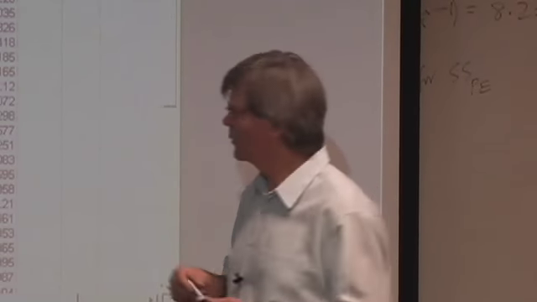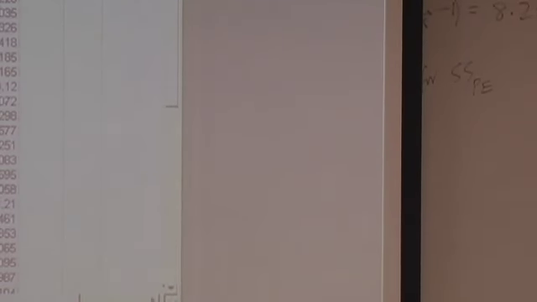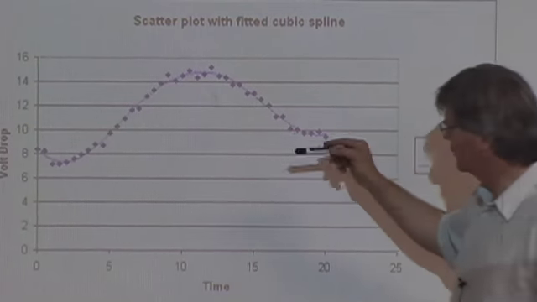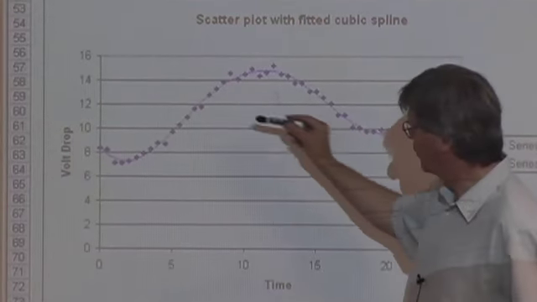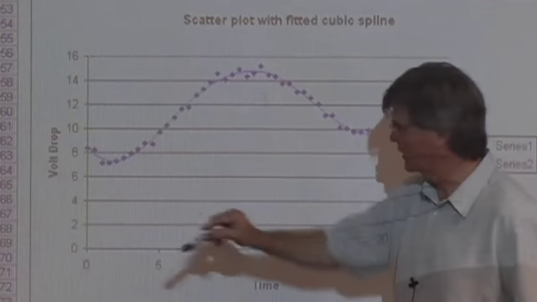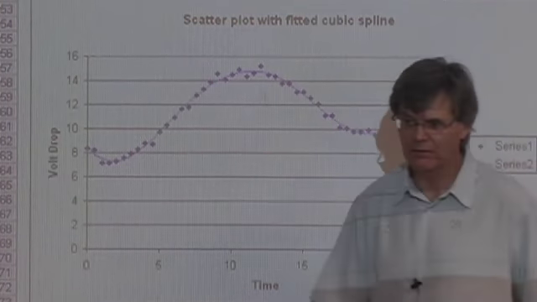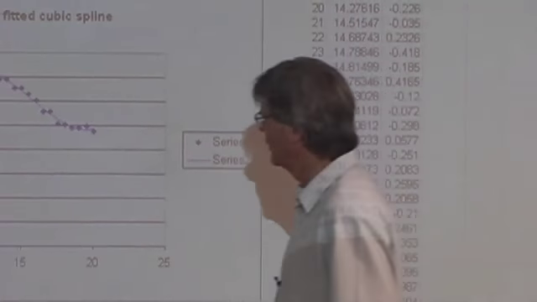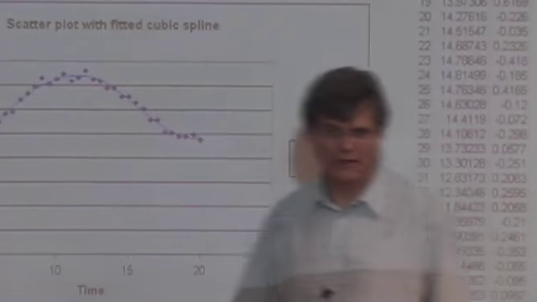In other words, I have one cubic, and then at this point a different cubic, and then at another point another cubic, where the cubics connect so the whole curve is continuous. Moreover, it's second differentiable. In other words, there's actually a concavity to this curve. So the first derivative is continuous, in fact.